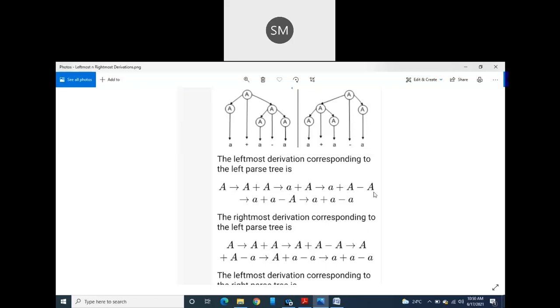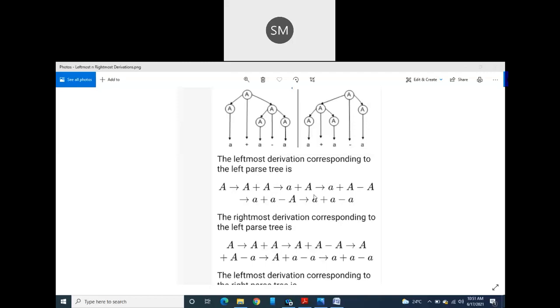Then again, there are three terms here: small letter a plus capital A minus capital A. Among these two capital A's, that is two non-terminals, you should replace the first leftmost non-terminal by a terminal. So that first a is as it is, and the next A is replaced by a, then the last A is kept as it is and then also replaced by small letter a.